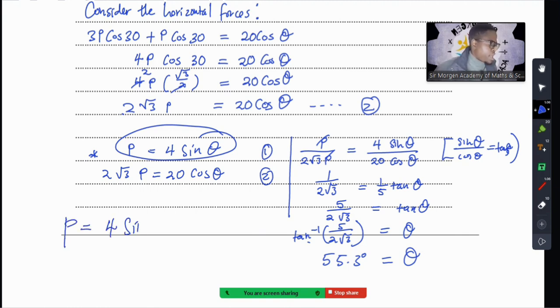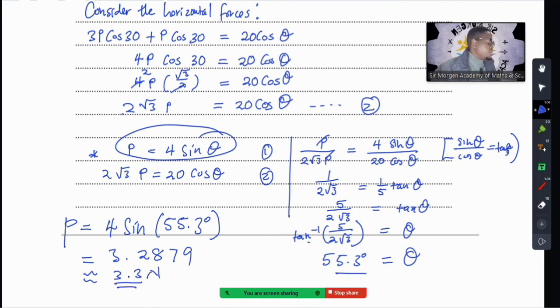So p is equal to 4 sine of 55.3 degrees. This gives us what? Right, I'm getting 3.2879, which is approximately equal to 3.3 newtons.